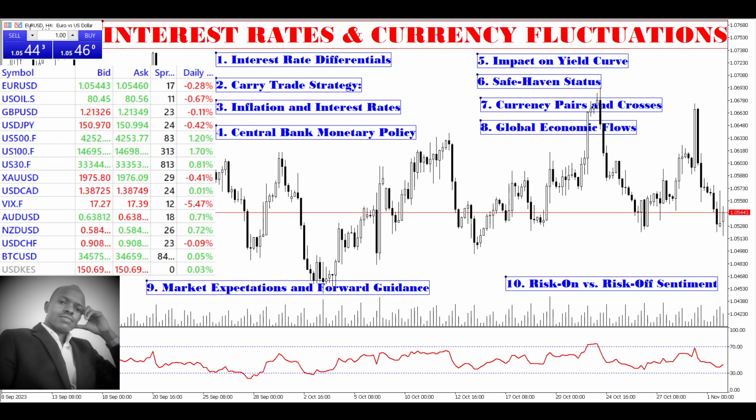For instance, if the US Federal Reserve raises interest rates while the European Central Bank keeps interest rates low, traders would borrow euros and invest in US dollars. This can lead to increased demand for the US dollar, making it stronger while the euro becomes weaker.